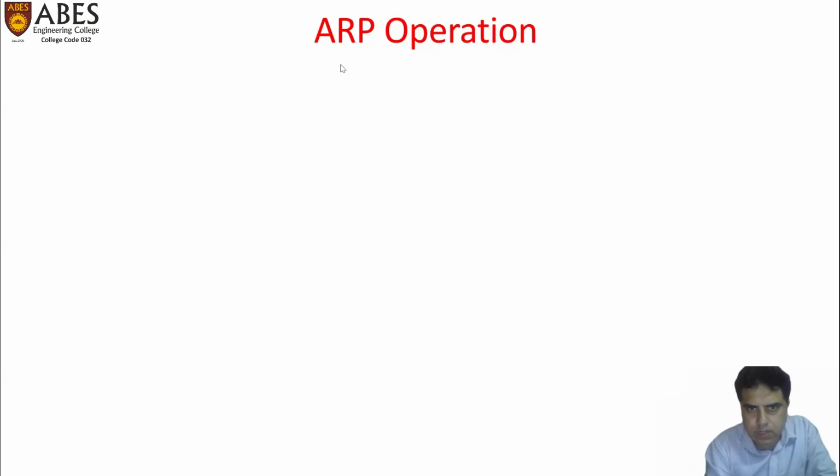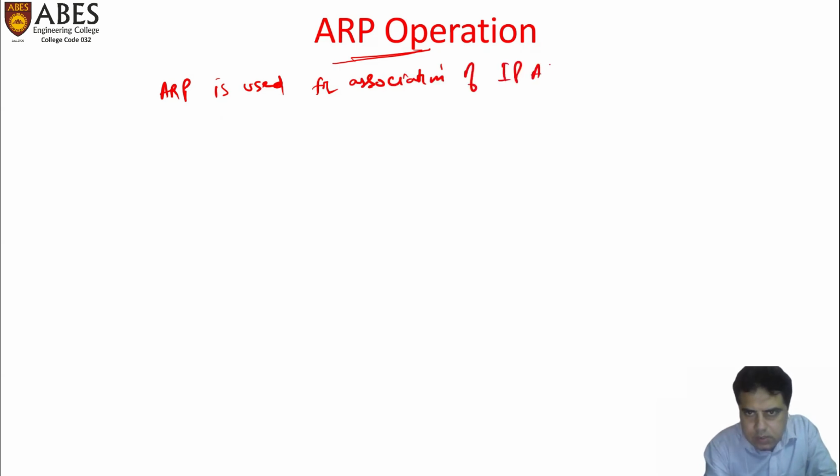Now the ARP operation: how does the ARP protocol perform? ARP is used for association of an IP address to the corresponding MAC address.